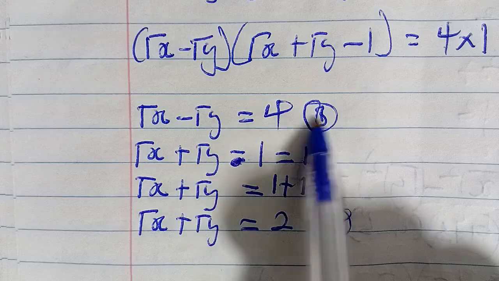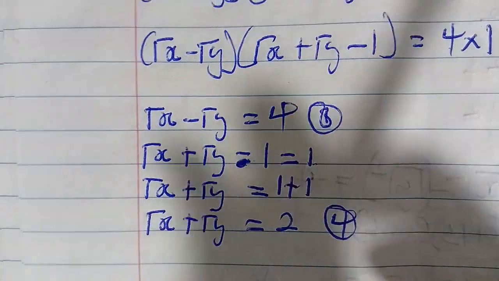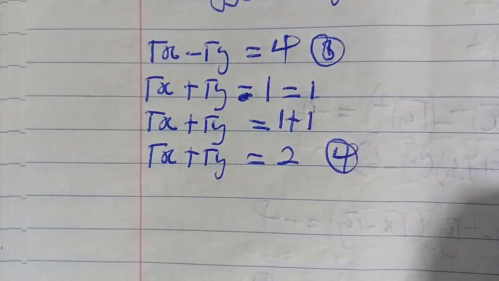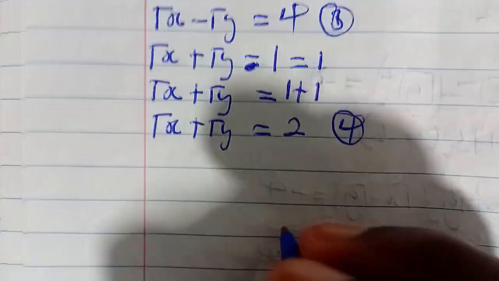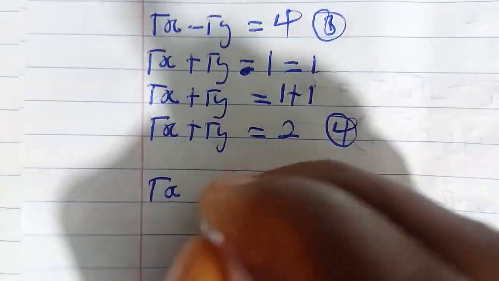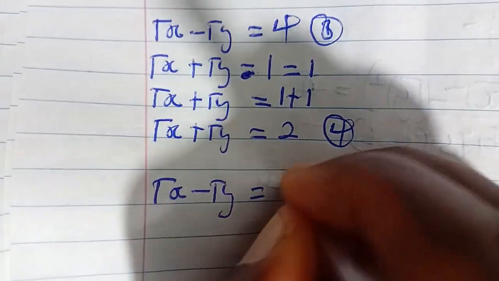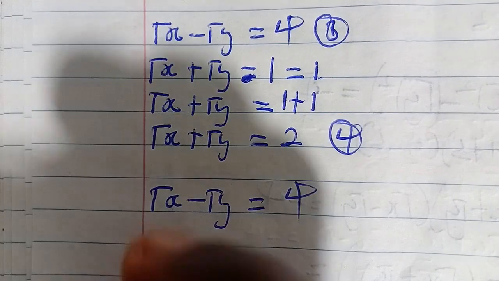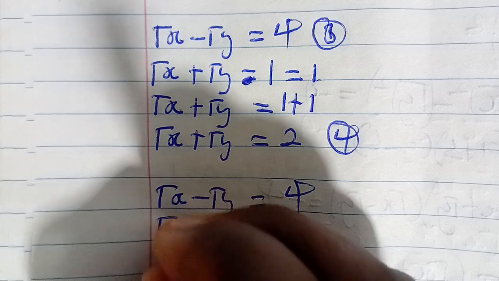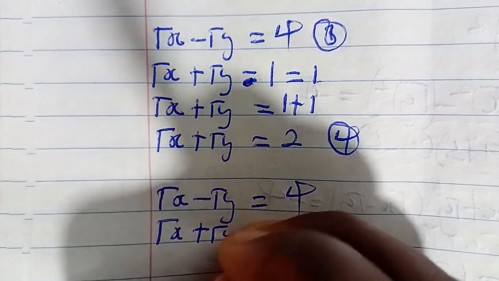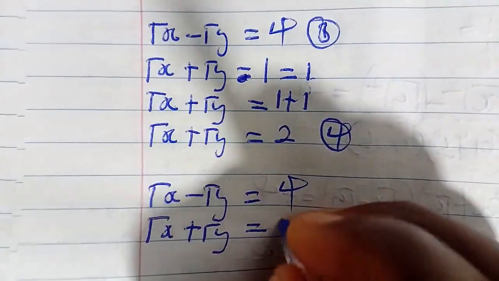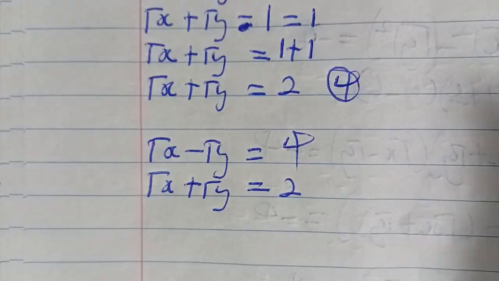So now we have equation 3 and equation 4. Let's group them. Equation 3 is root x minus root y is equal to 4, and equation 4 is root x plus root y is equal to 2. Do you get me?